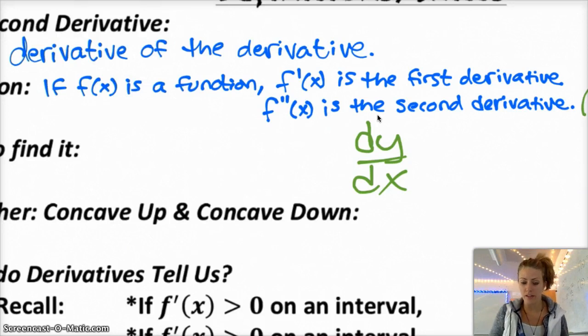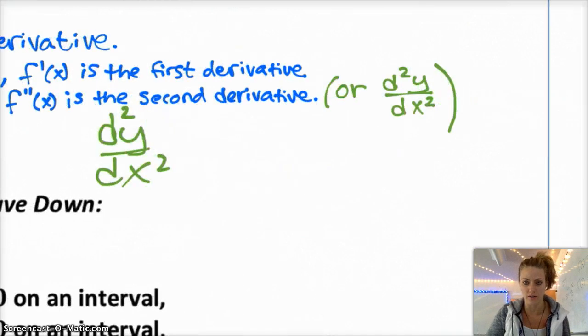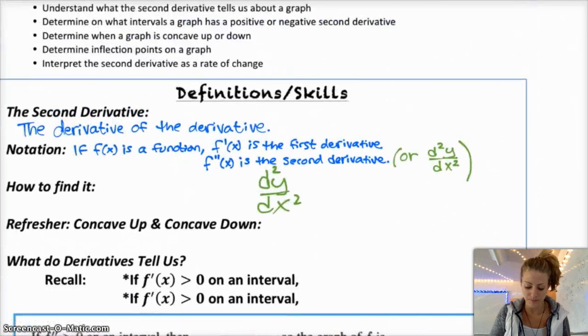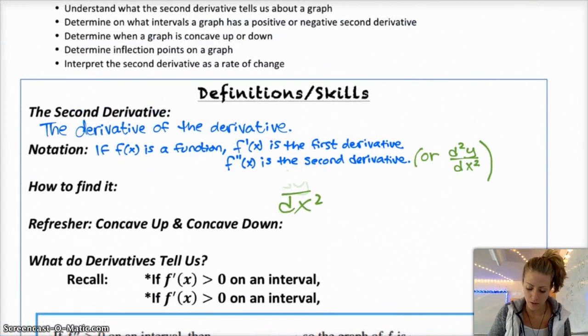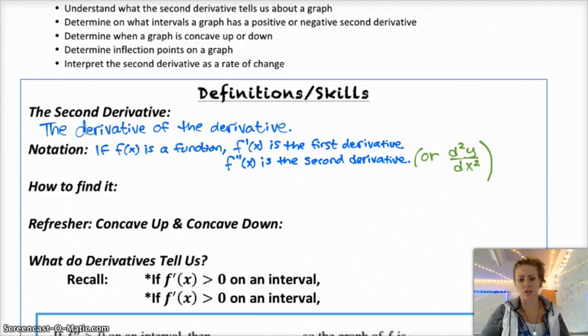For the second derivative, you throw a 2, like a squared on top of the d, and a squared on top of the x, and all of a sudden that means the second derivative. So I included that in the notes there. That's all that is. It's d squared y over dx squared. It's just another notation for the second derivative.